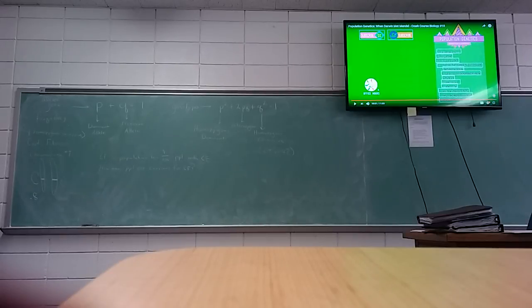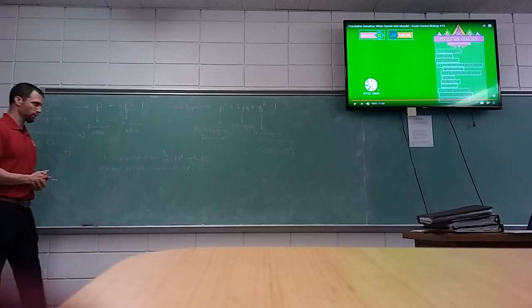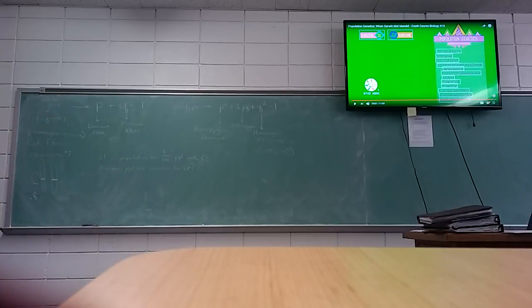And you can approach these problems different ways. This one, this is about the only way you can approach it. So if we want to know how many carriers for cystic fibrosis we have, what are we looking for now? I think y'all can get this, so I'm going to give y'all a second. 2PQ? Yeah, exactly.